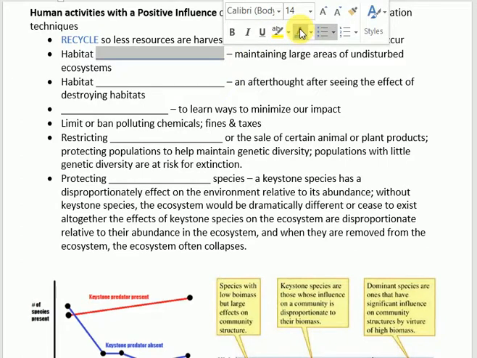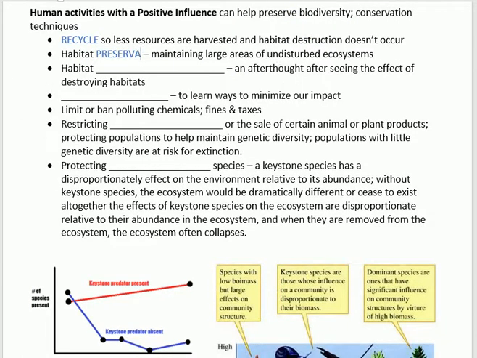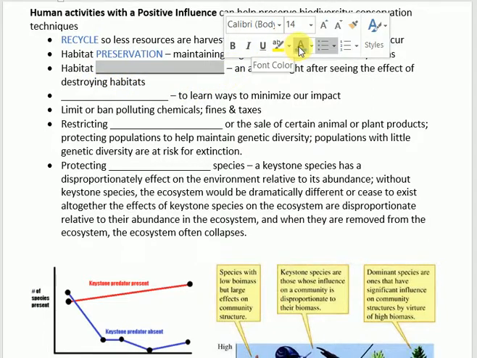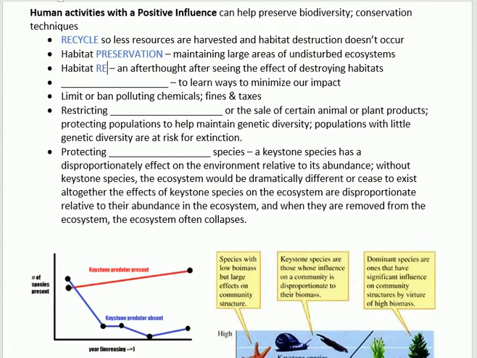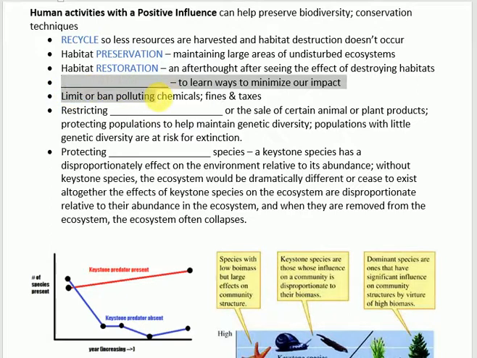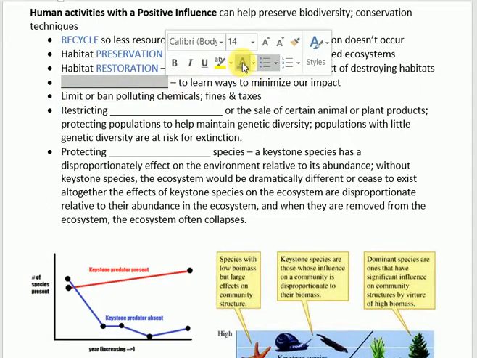We can have habitat preservation. And there are many, many parks in the United States that are like this. And so there's areas of undisturbed ecosystems. And then we can have habitat restoration. So this is an afterthought, but we can still restore it and bring back what there once was.